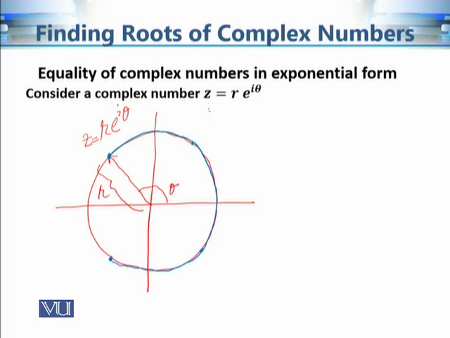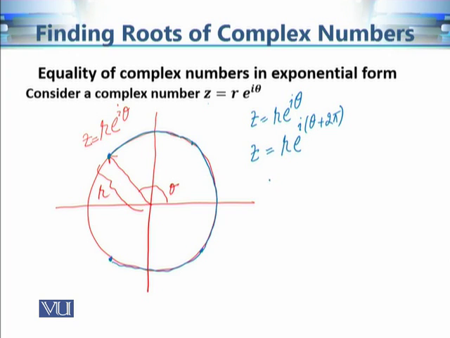So in other words, if I write this z is equal to r e raised to power iota theta, then this complex number is the same as r e raised to power iota theta plus 2 pi. Now similarly, if I take another round in the counterclockwise direction, then I'll be reaching the same point again. And if I keep doing this, then I will be reaching the same point again and again.